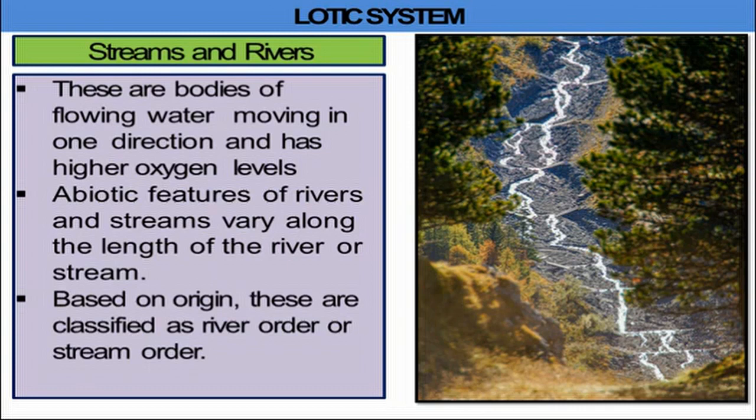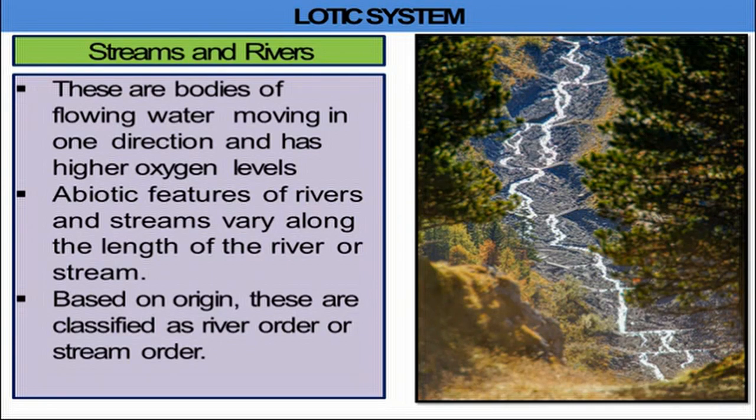They carry some load of nutrients, and once they carry the load of nutrients, it dissipates at a particular distance. So this creates a situation where along the course of every river or stream, the abiotic features are a little bit different.